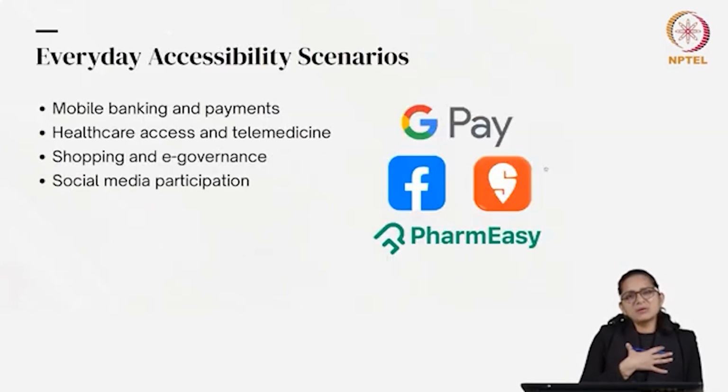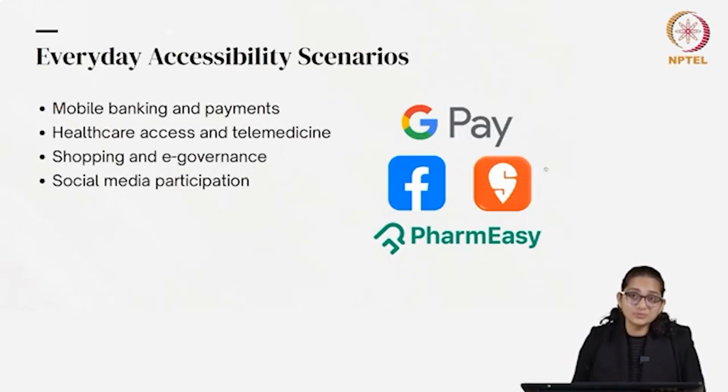Then there can be multiple other everyday accessibility scenarios where a mobile application can be of much use. One is of course your mobile banking and payments, your healthcare access and telemedicine, your shopping, e-governance, social media participation. So I want to buy something, I want to pay, just by scanning a QR code.